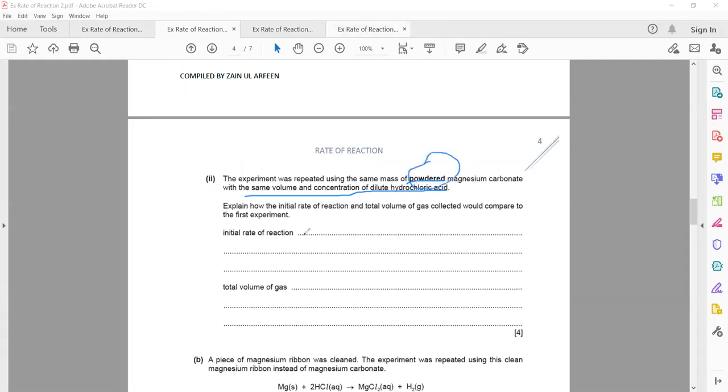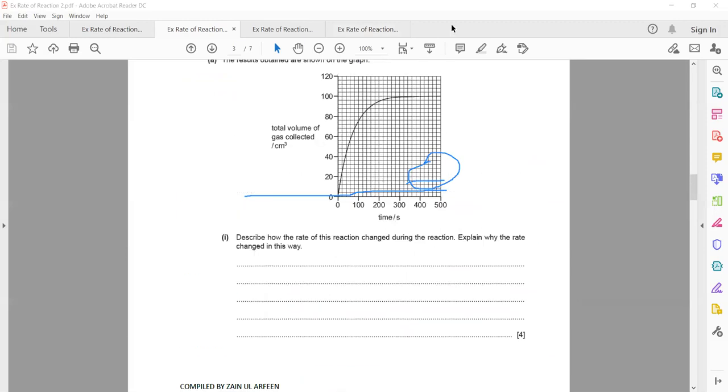If we are using powdered magnesium carbonate, it will have a large surface area, so the reaction will be faster. So what is the expected graph? It will be steeper because the powder will have a large surface area. It will be steeper, but the final volume will be the same.